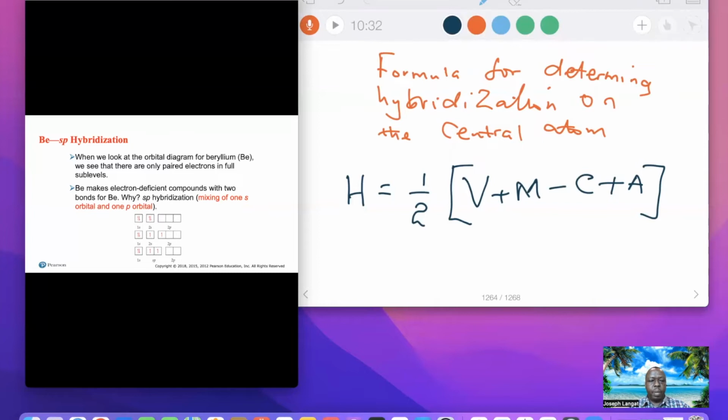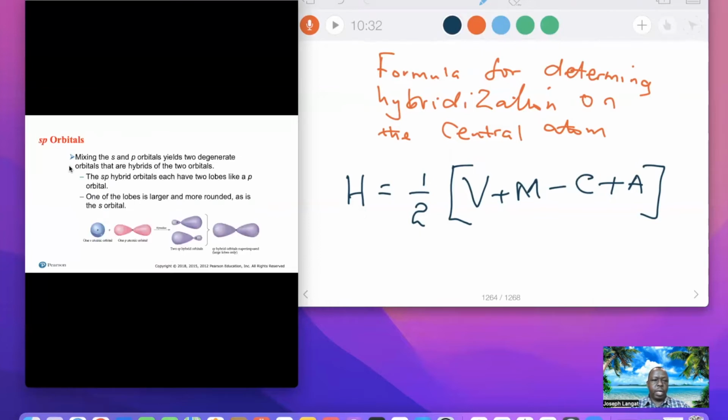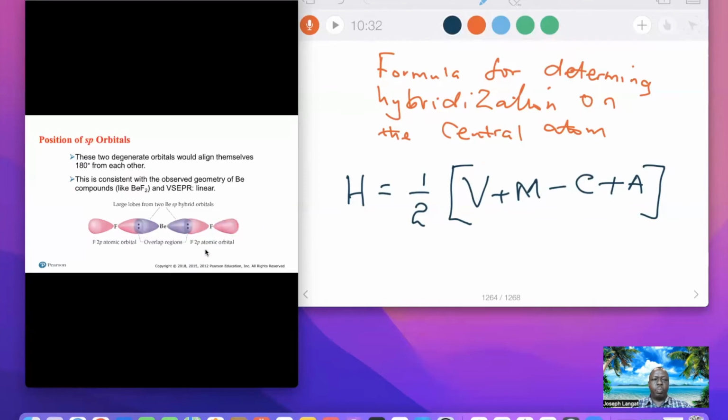For example, you don't need to memorize this slide in order to know the hybridization of beryllium. When we talk about sp, that means we are mixing a p orbital with an s orbital to end up with a hybrid orbital.